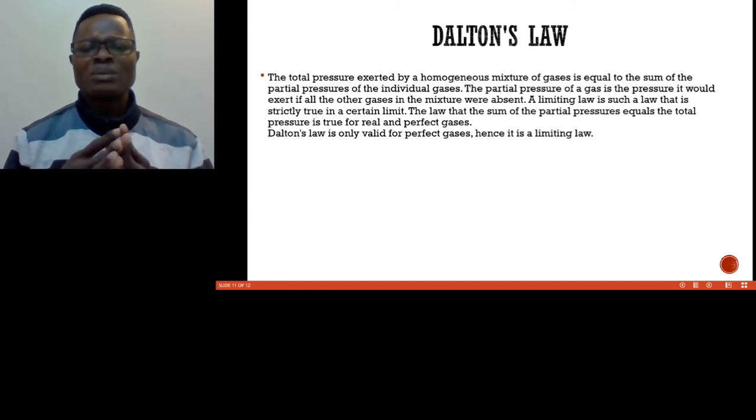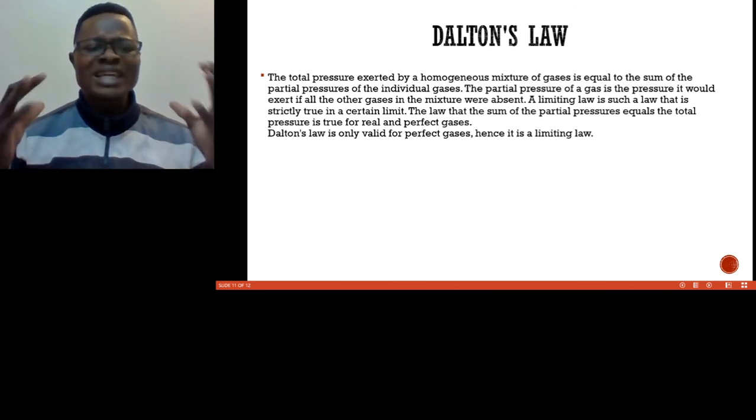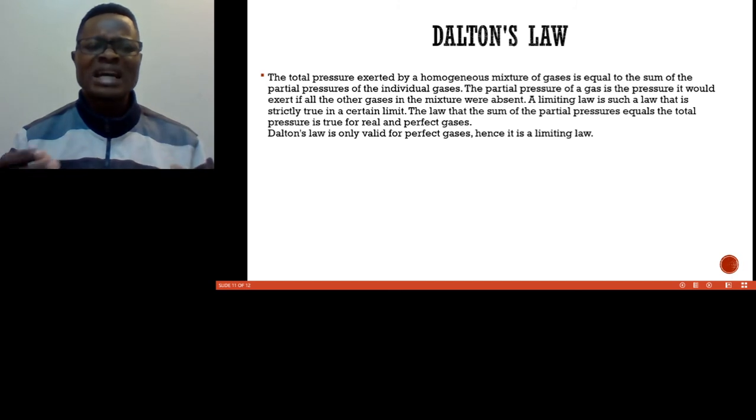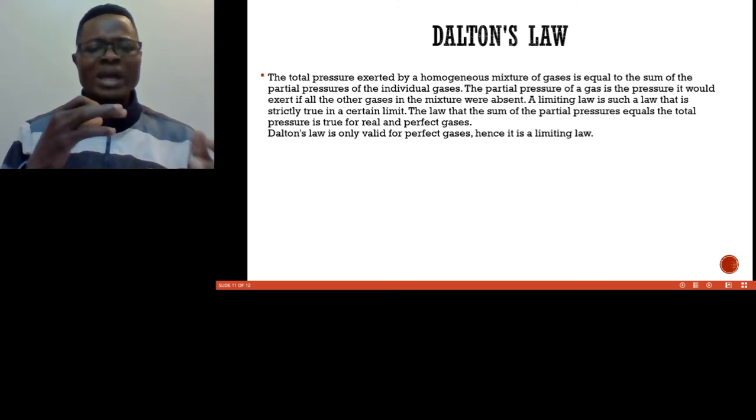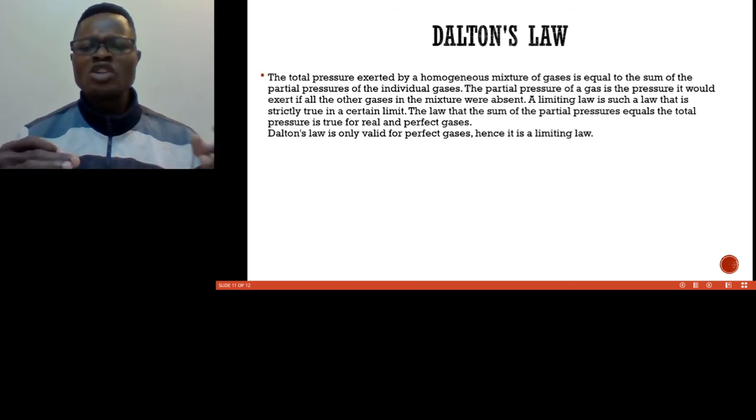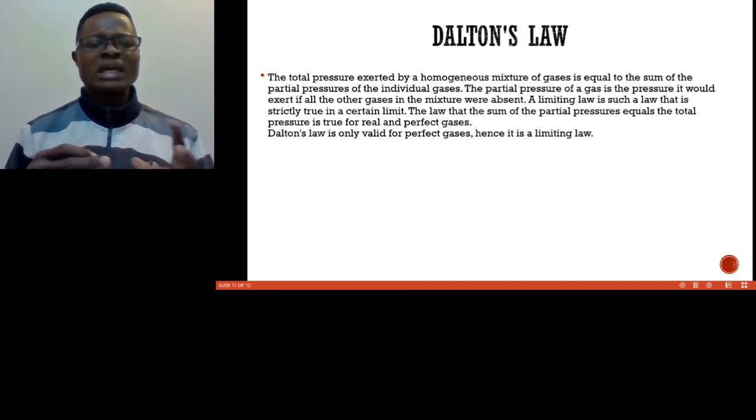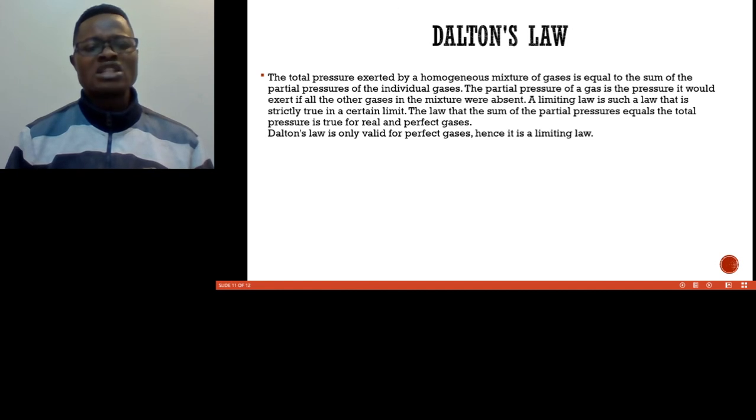So when we are talking about the partial pressure of a gas, you should always remember we are talking about the pressure it would exert if all the other gases in the mixture were absent.